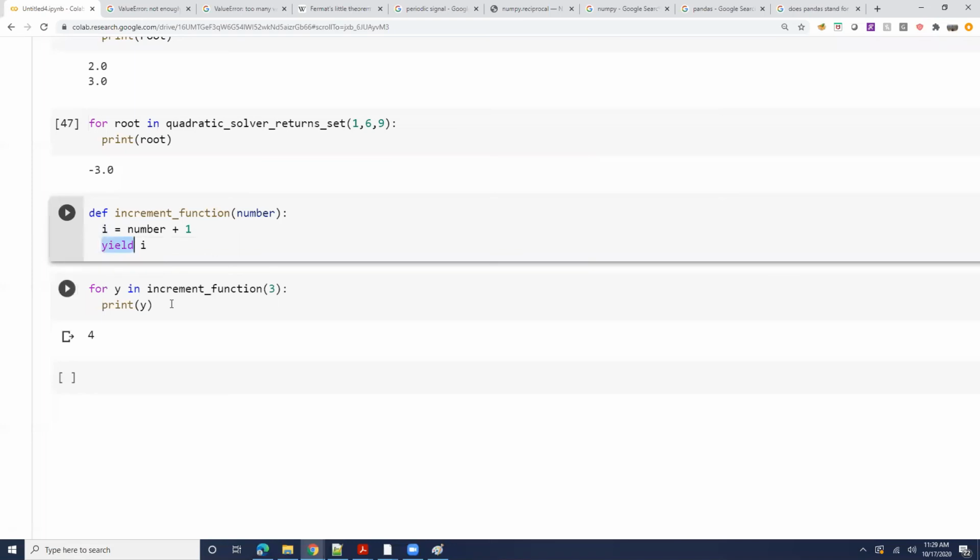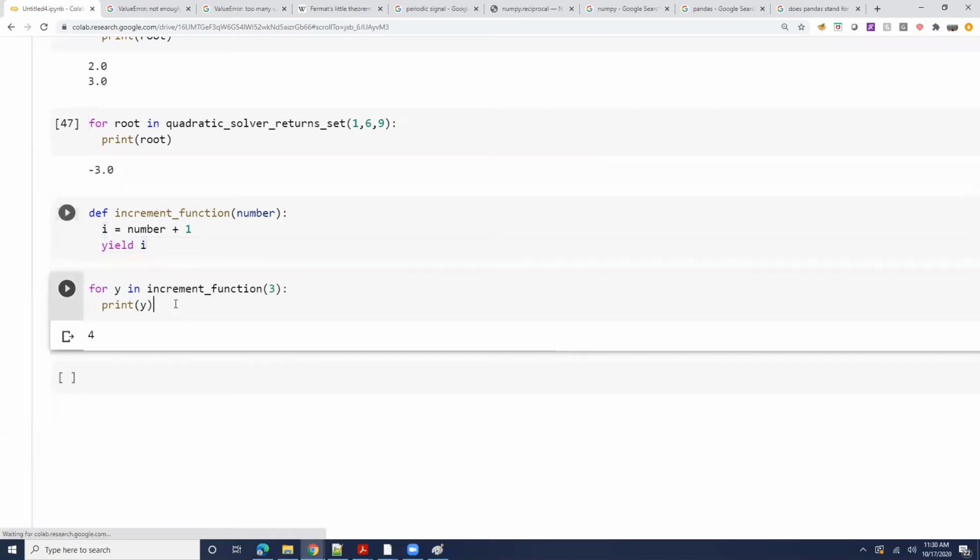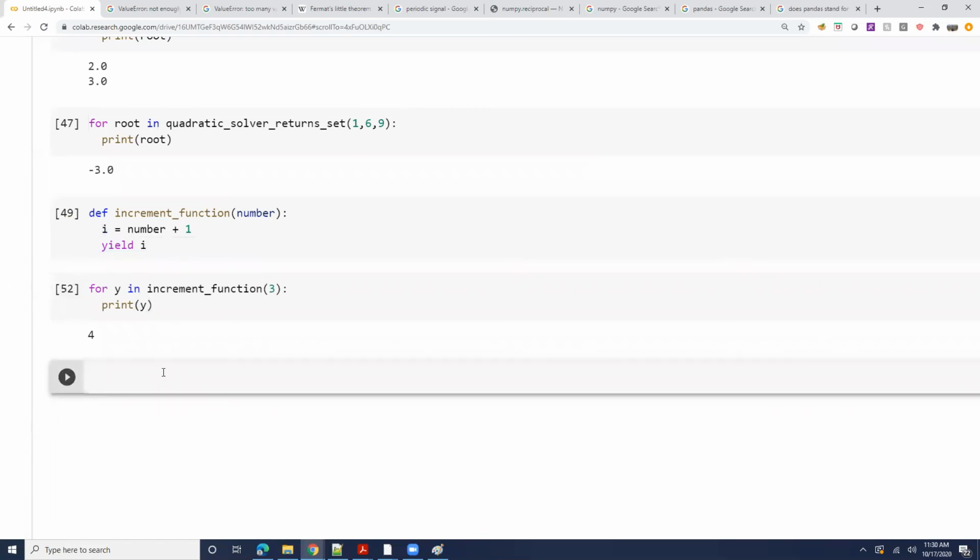Can't you say print of i here? Yes, I can say print of i, but again, print of i is not the same as return of i, which is not the same as yield of i. So we have 3 things now. You can print an answer, but that just means you are displaying the answer and not able to access the value for future manipulation.